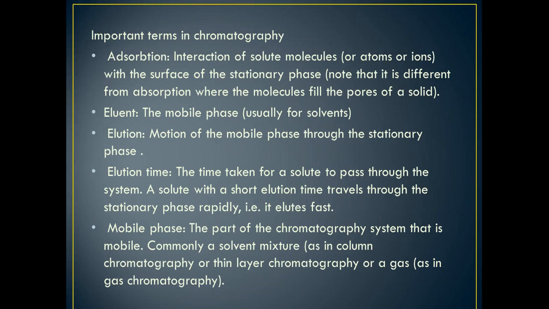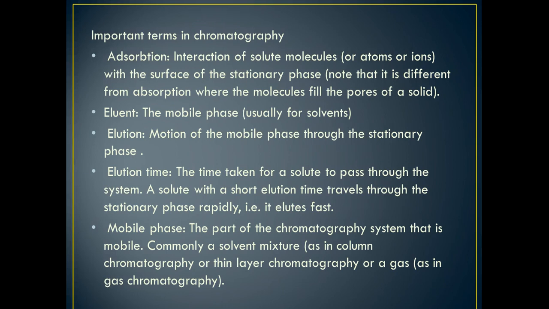The stationary phase can contain pores within it, can be a solid with some pores designed to trap particles of a particular size, or it can be charged in a way that can attract molecules of the opposite polarity. That is adsorption, being trapped within the surface of the stationary phase.